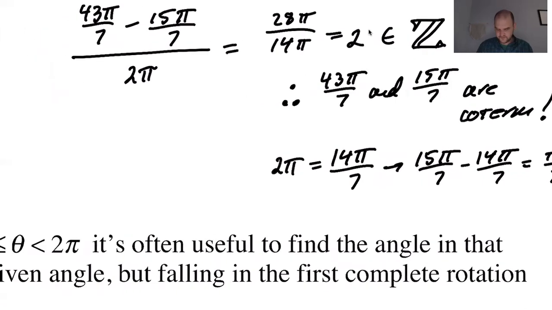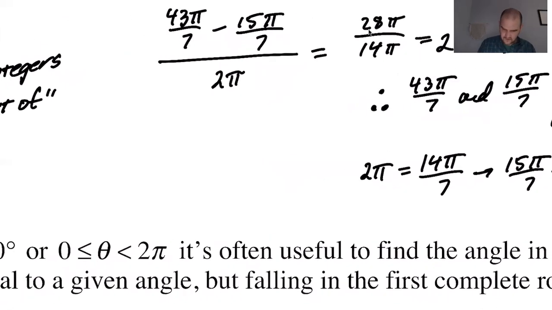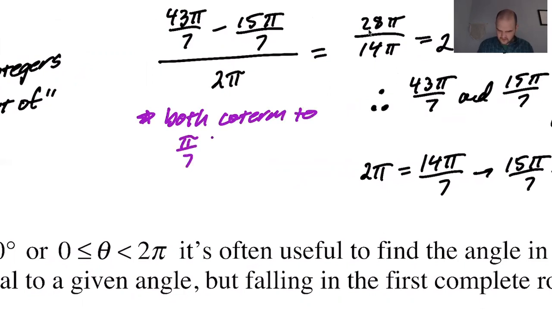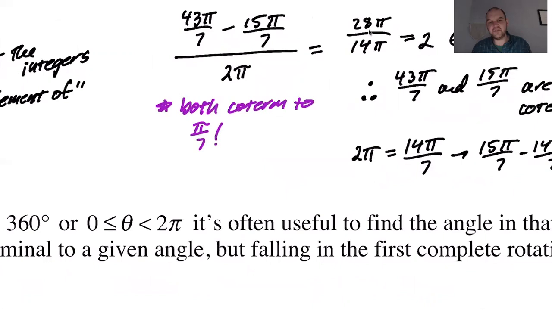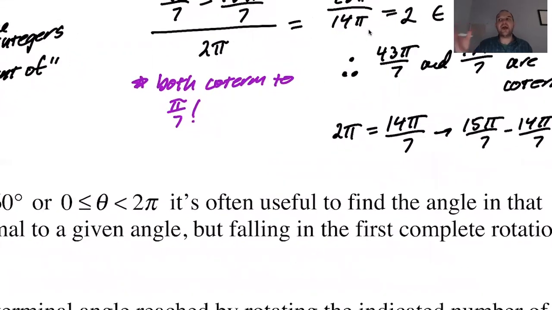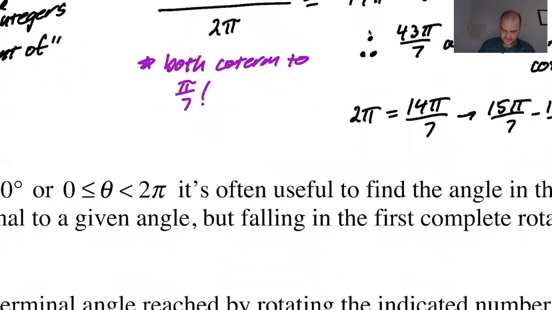Both angles are coterminal to pi over 7. Is that a big deal? Kind of. They're coterminal to each other, but neither of them is the principal coterminal angle. The principal coterminal angle is pi over 7.